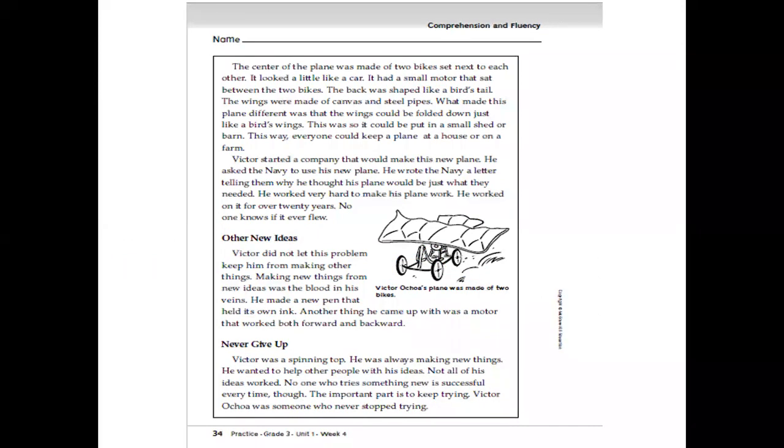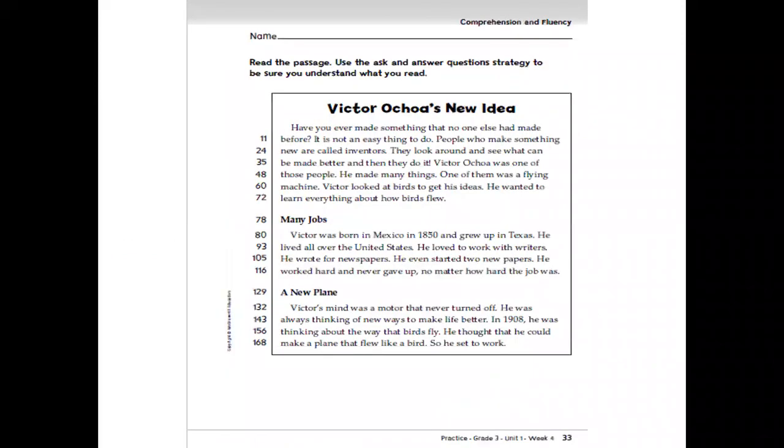Let's revise from the beginning. In the beginning, they asked us, have you ever invented something before? It's not easy. The author told us it's not easy to invent something new or to make something new. People who make something new are called inventors. Who are the inventors?